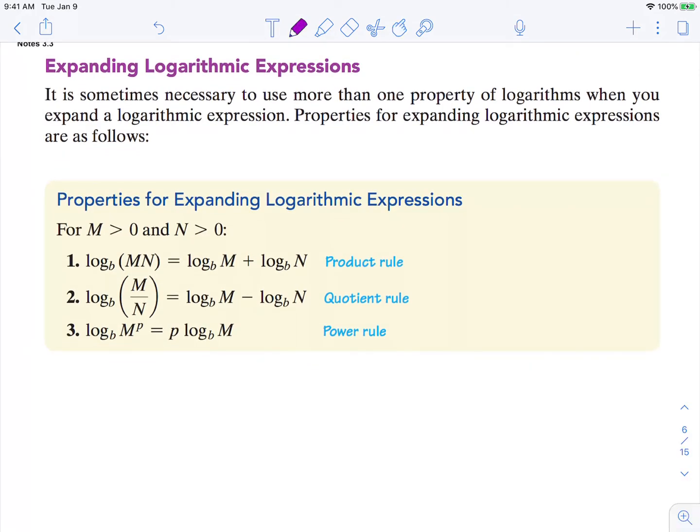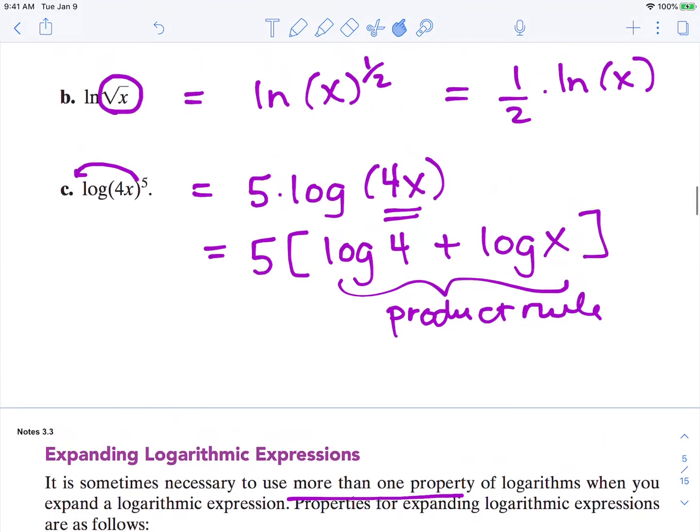When we expand the properties, they are listed below, the three of them: your product rule, your quotient rule, and your power rule. Sometimes we use more than one property, like we did on this last example.